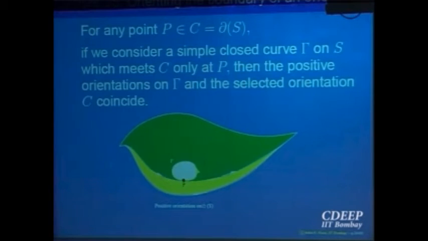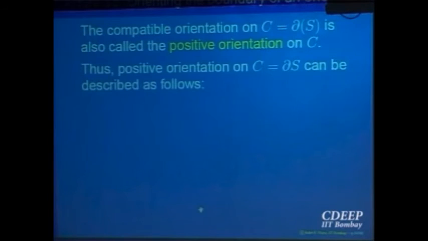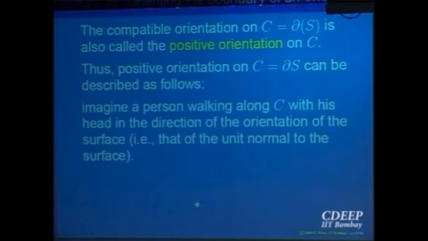A slightly more rigorous way of saying these things is the following. There is a geometric way. Like we said for the plane, what is clockwise and what is anti-clockwise? Anti-clockwise is when you are walking in the direction, the region lies on your left. Something similar you can describe in 3 dimensions also. There is a surface.